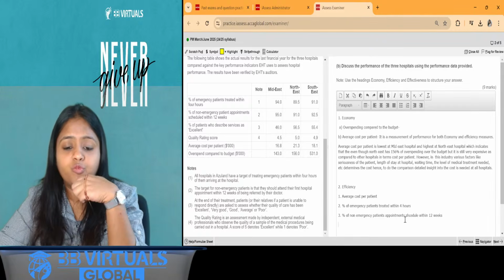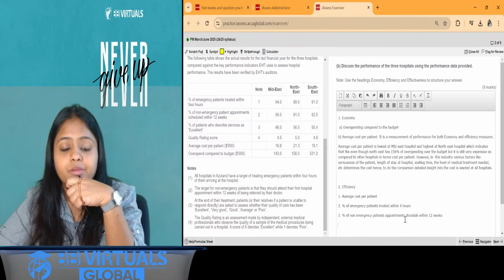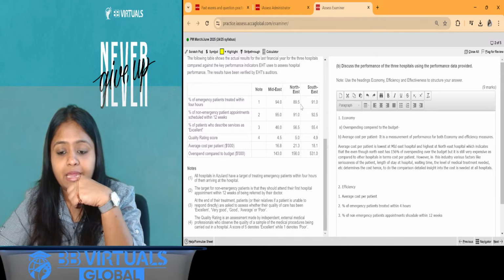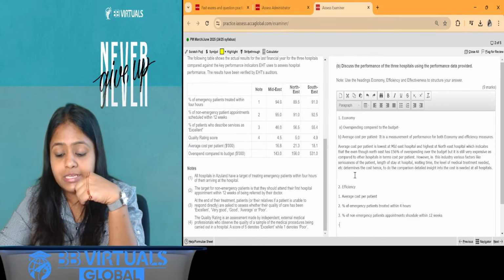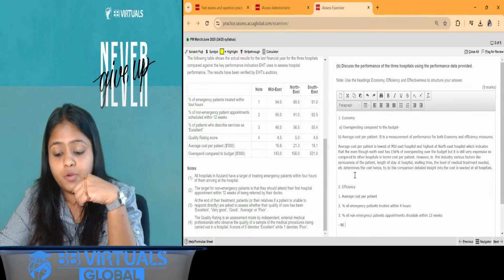Now what will you write here? The percentage of emergency patient appointments scheduled within 12 weeks is 95, 91 and 92.5. Again you find that Northeast is not performing well.